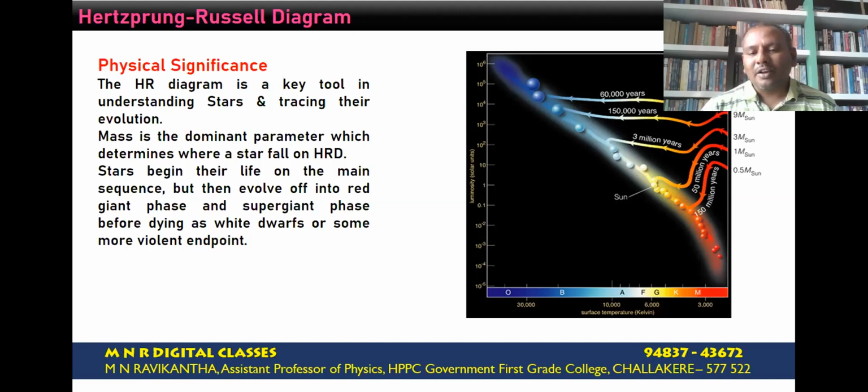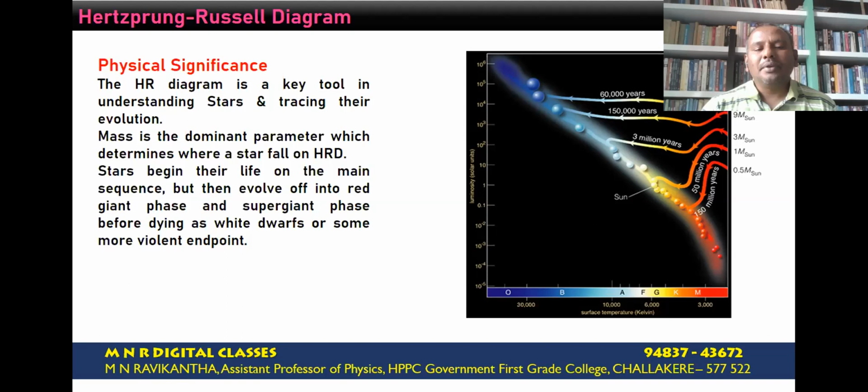So a star with mass 0.5 times the mass of the sun takes almost 160 billion years to reach the main sequence stage, whereas a star with mass almost 10 times the mass of the sun will take only 60,000 years. It means the lesser the mass, the more time the star takes to become a main sequence star, whereas the more massive the star, the lesser the time required.